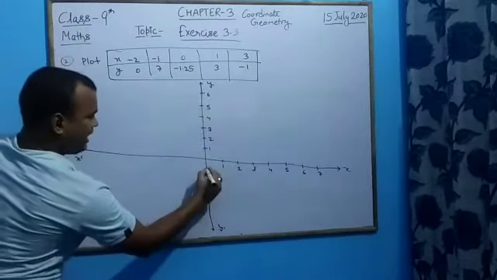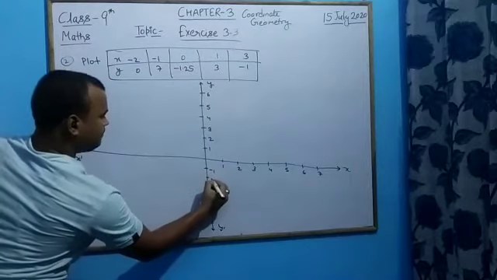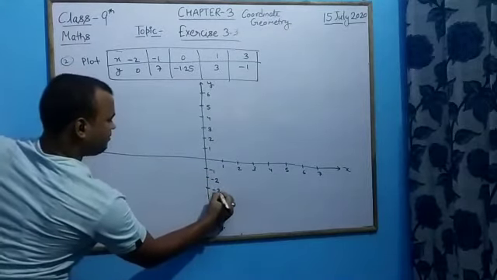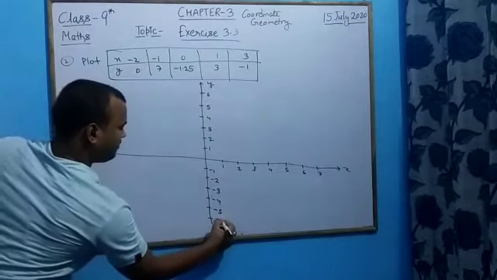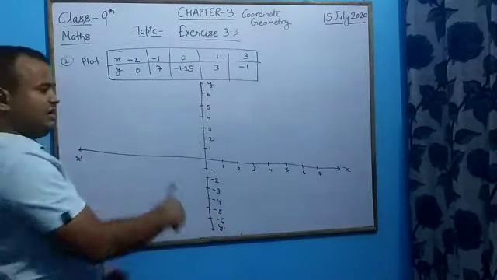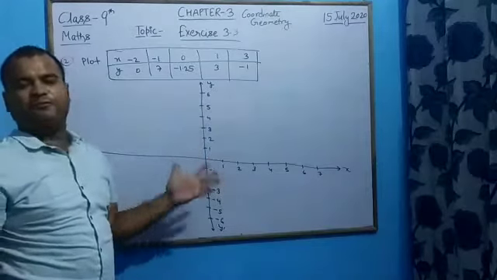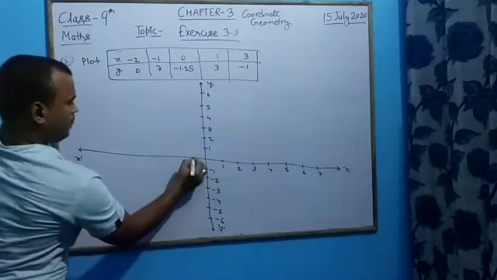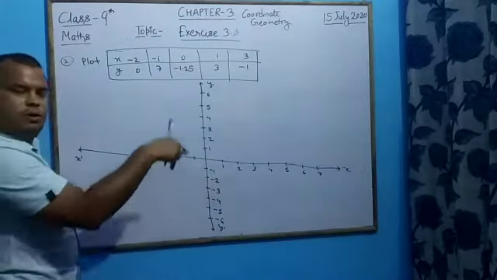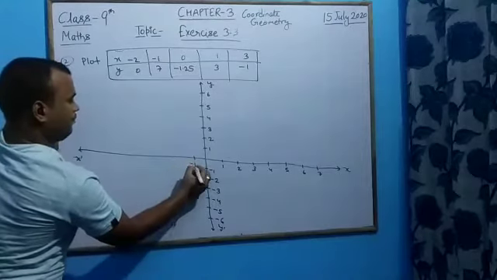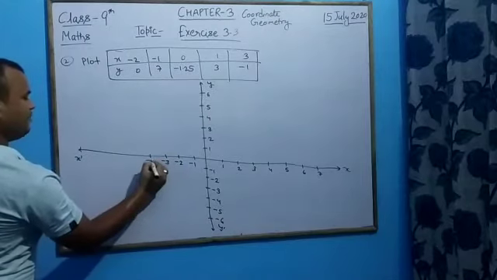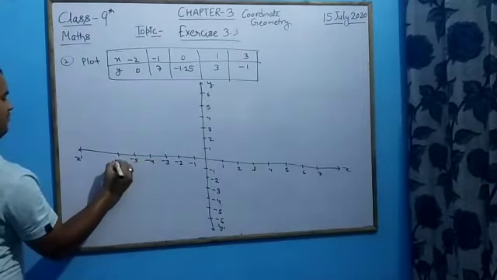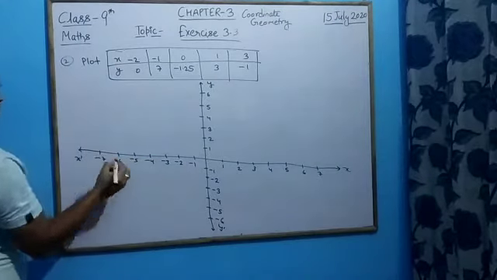On the y dash axis -1, -2, -3, -4, -5, -6. This needs to be done on graph paper. I am demonstrating it to you on the whiteboard. -1, -2, -3, -4, -5, -6, -7.